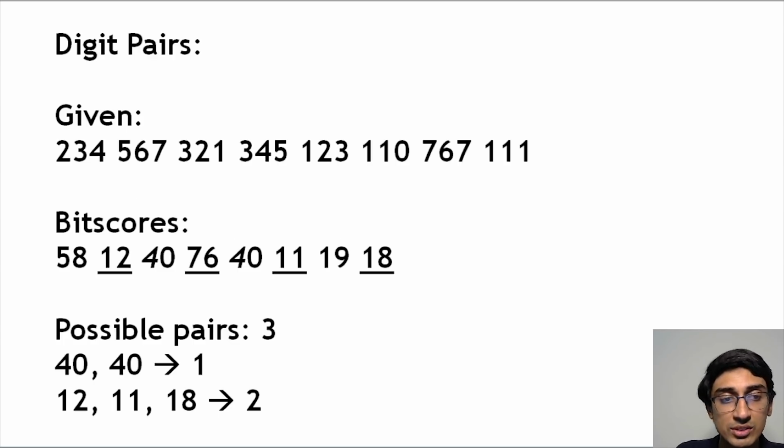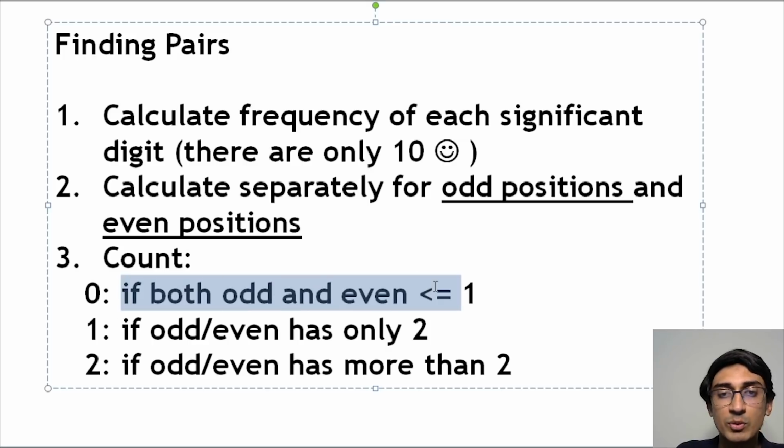If the frequency of any number is 0, then we should just count it as 0. That is, if in both odd and even the number occurs once or not even once, there is no way that you can form a pair, because to count a pair, we need the number to occur more than once at the odd indexes or more than once at the even indexes. So if it occurs less than or equal to 1 time, we don't mind it at all, we take it as 0.